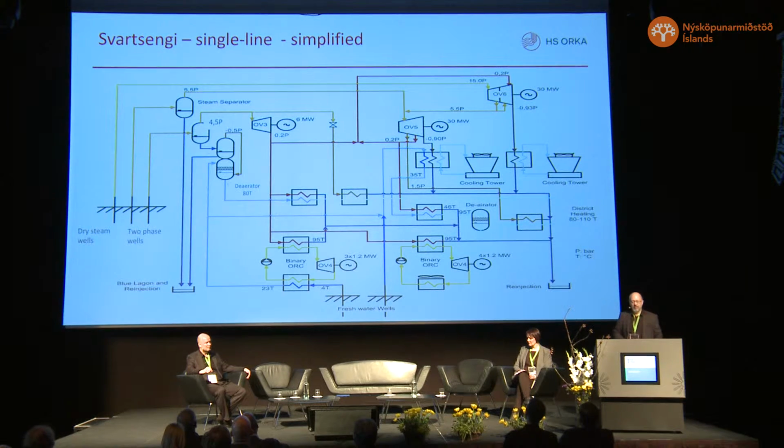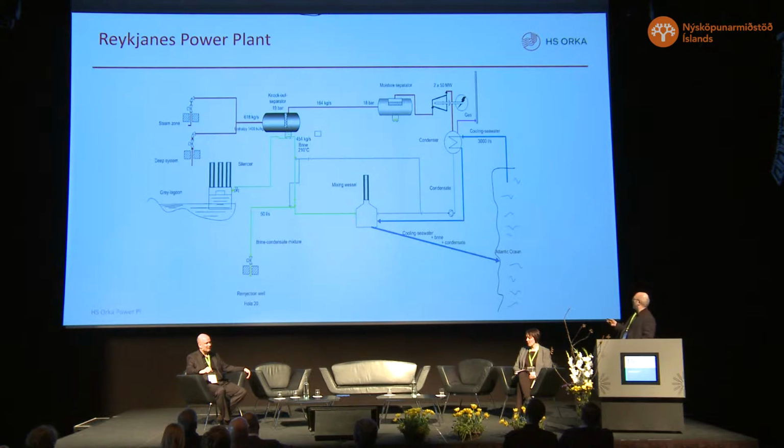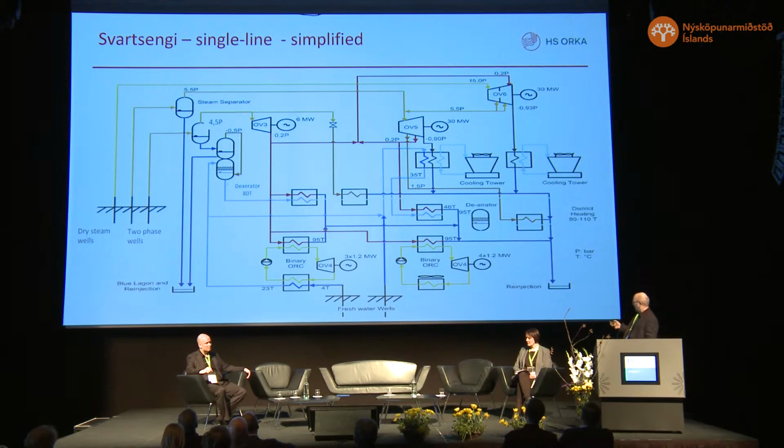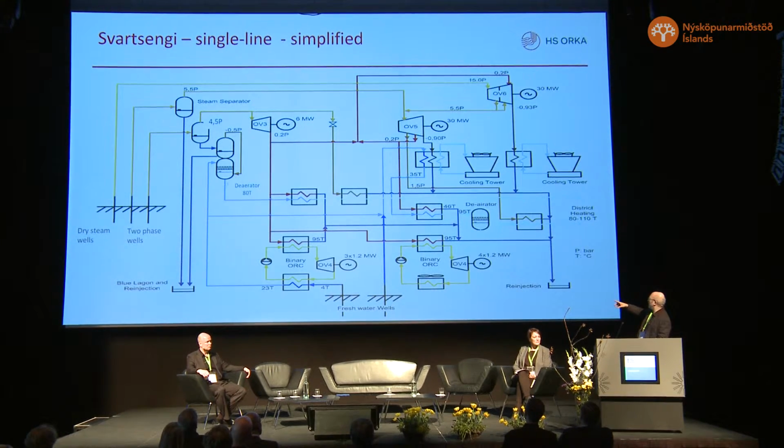This is a simplified diagram of the Svartsengi power plant. To your left are the geothermal wells. We start with the wells. We go through separators and pipelines and moisture separators, not shown, to turbines, to heat exchangers, to binary organic Rankine systems, and cooling towers, and re-injection.